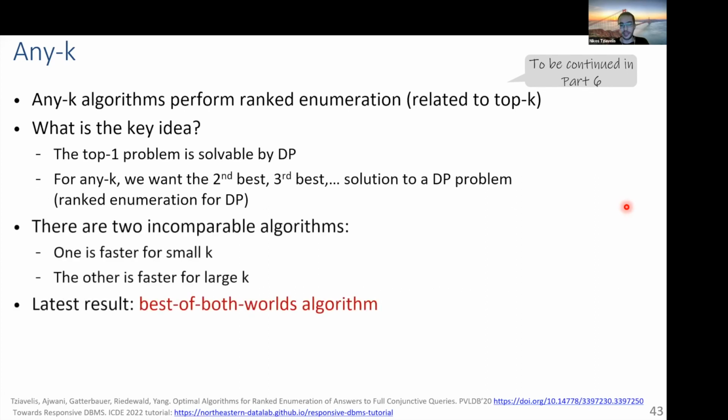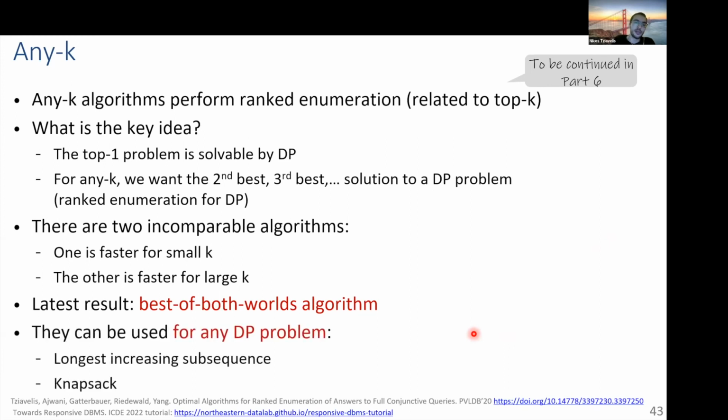If we look at any-k algorithms, there is an algorithm that is faster for small values of k, when we want few answers in the output, and another one that becomes faster as the value of k increases. And in our latest work, we have developed an algorithm that achieves the best of both worlds.